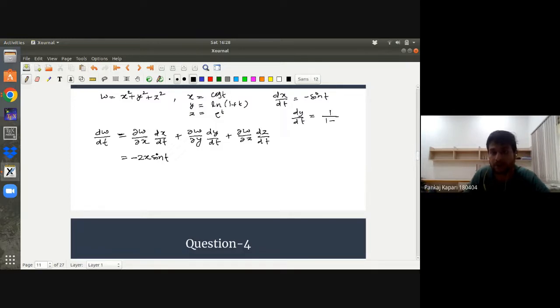This is 1 over (1 plus t), because the derivative of log is 1 over (1 plus t). So this is 2y divided by (1 plus t), plus, again, the derivative of w with respect to z, that is 2z. And what is dz by dt? It's an exponential function, and the derivative of the exponential is e to the power t.